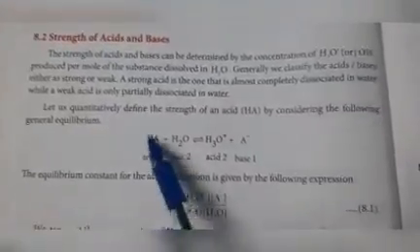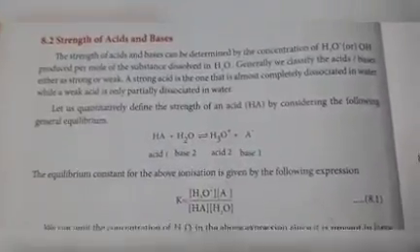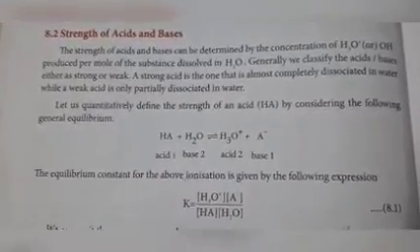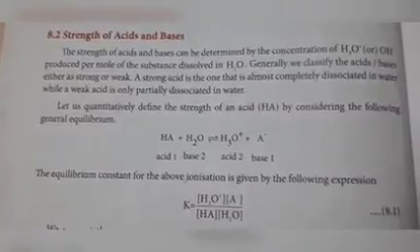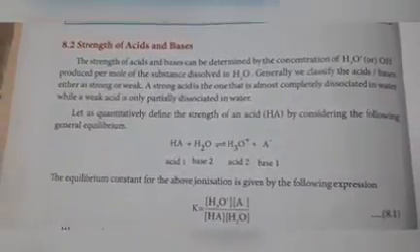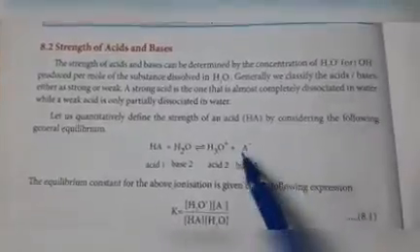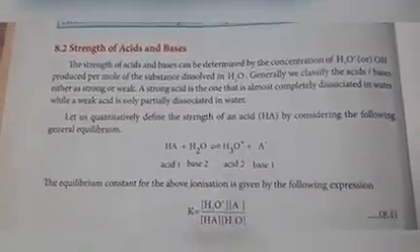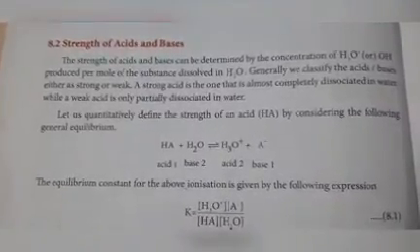Assume this is the general formula of an acid, HA. H means hydrogen, A means anion. While dissolving this compound in water, it separates into H+ and A-. That H+ combined with water gives H3O+.